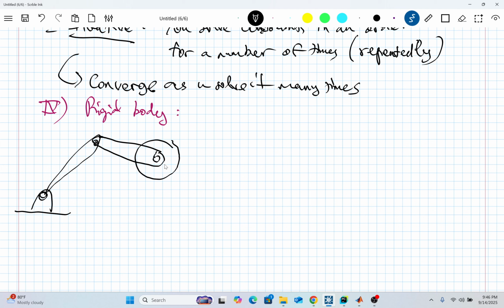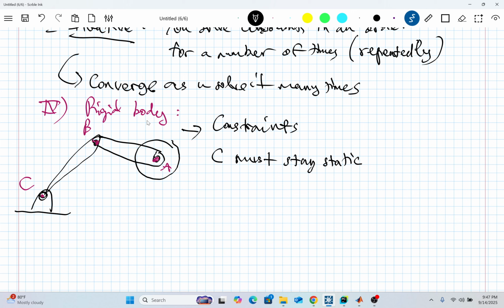Okay, so a rigid body has constraints. It means that there are certain things that you have to satisfy as one. The first constraint is that I assume C must stay static. Let the length of the arm be L0 and this one L1.